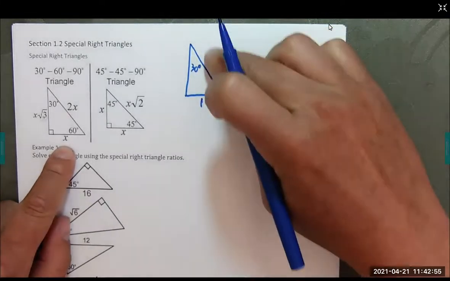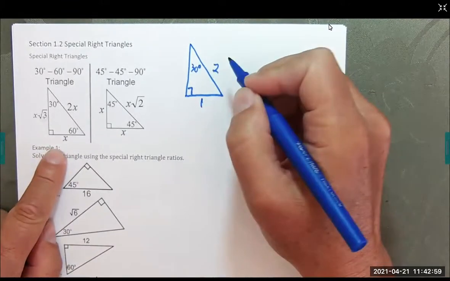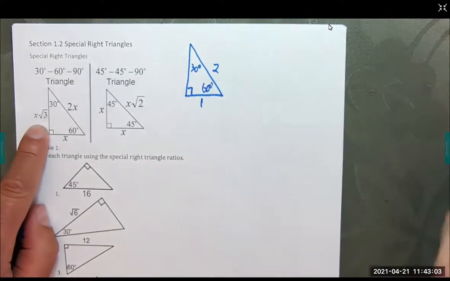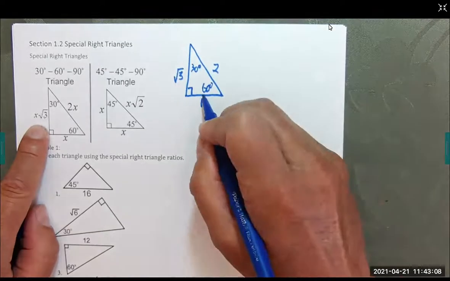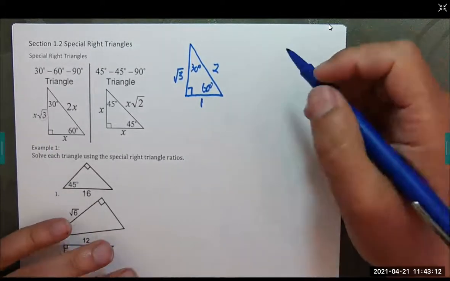The hypotenuse is always going to be double whatever's there. The side opposite the 60 degree is always going to be the square root of 3 times whatever's there. So this is our original one that we use with the unit circle and so on.